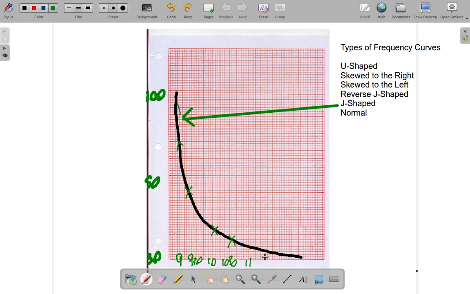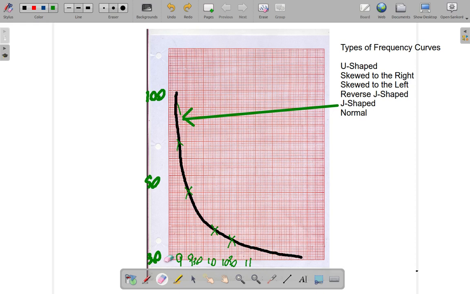But the idea is that the water in the pot will cool down rapidly at first, then more slowly. So when you draw a curve through these points, what you have is this curve that is called the J-shaped curve. You see that? Now, that was a J shape.